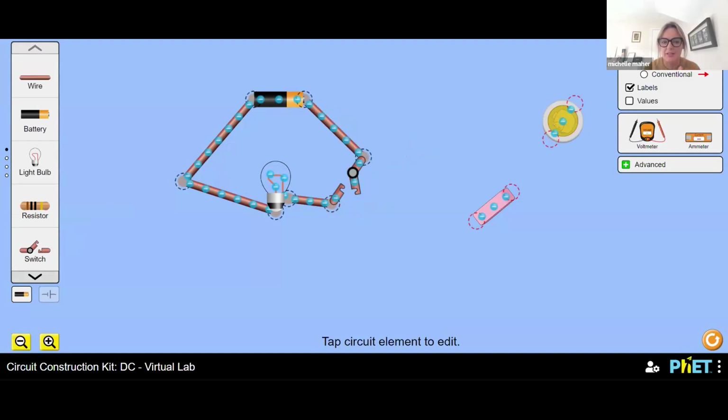A switch in a circuit is where it makes a gap in the circuit. So you can see when there's a break in the circuit. But when we turn the switch on, we flip those two metal bits back together, and when we flip them back together, it closes the circuit and the light bulb turns on. And then when you open the switch, it stops. So basically the switch stops the electrons from being able to get around.